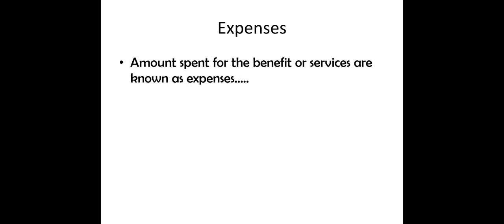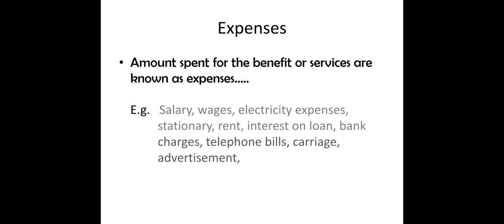Amount spent for the benefit or service is known as an expense. Students, now you know that whenever you pay for any benefit or any service, then that paid or spent amount is known as expense. For example, we have many expenses in the business. Clear, let's take some examples.